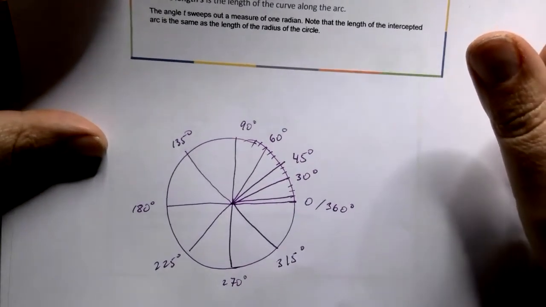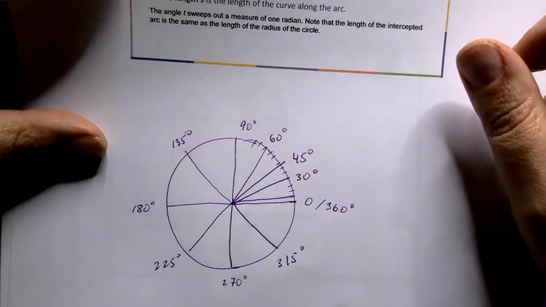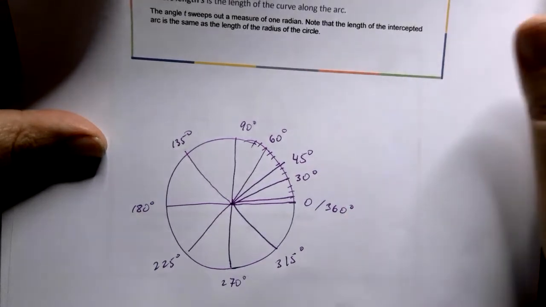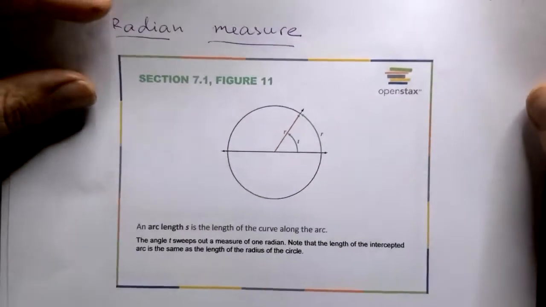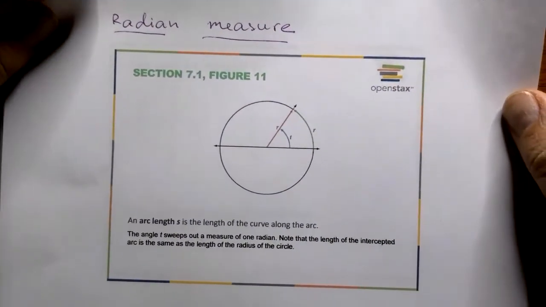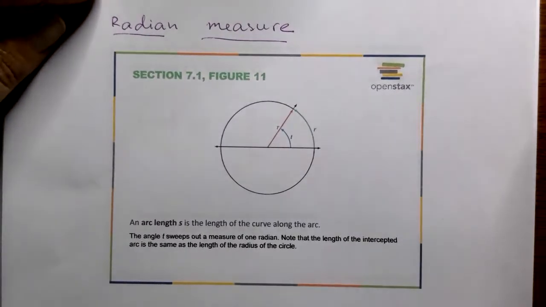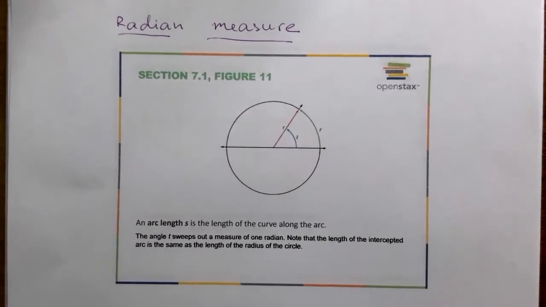Those are also very important measures, and we are going to be talking about them a little later. But today, I want to show you a different system of measuring angles. It's not better, it's not worse, it's just different.